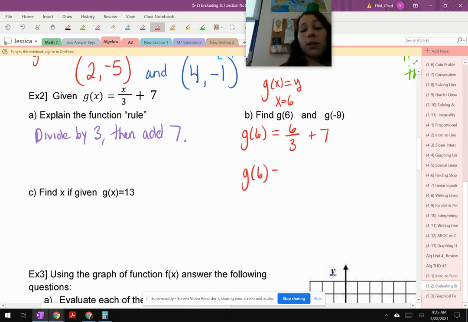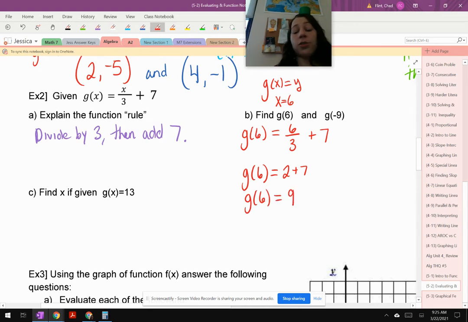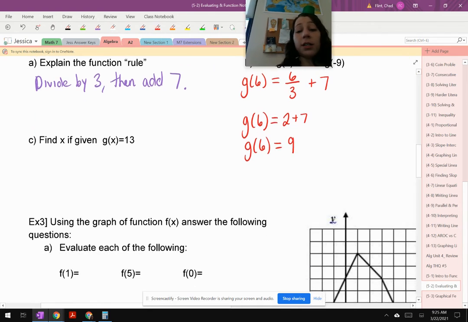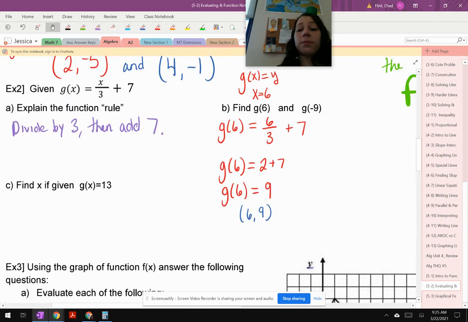Well, we said the rule was to divide by 3. 6 divided by 3 is 2, plus 7 is 9. So g of 6 is equal to 9, giving us the point 6, comma 9. Boom.